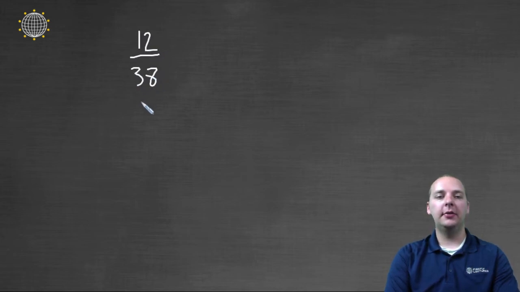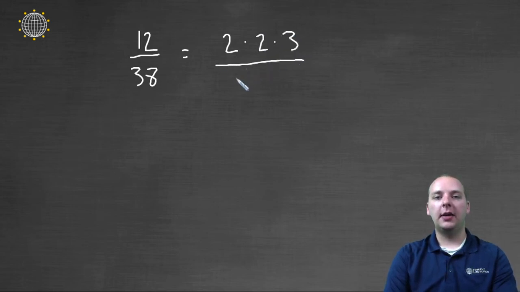Okay, let's do another example. Maybe this will be our last one. If we had maybe 12 divided by 38. Then 12 factors as 2 times 6, and 6 factors as 2 times 3. 38, on the other hand, factors as 2 times 19.